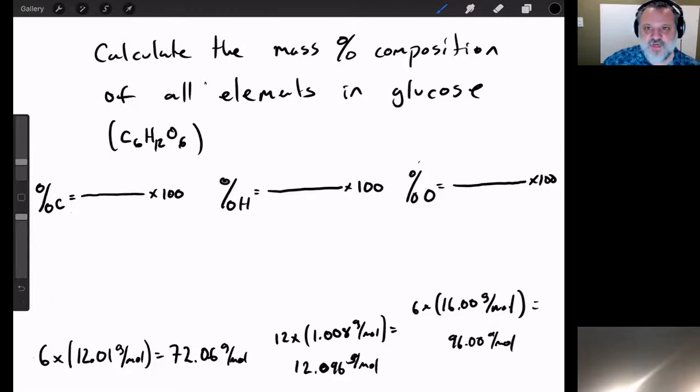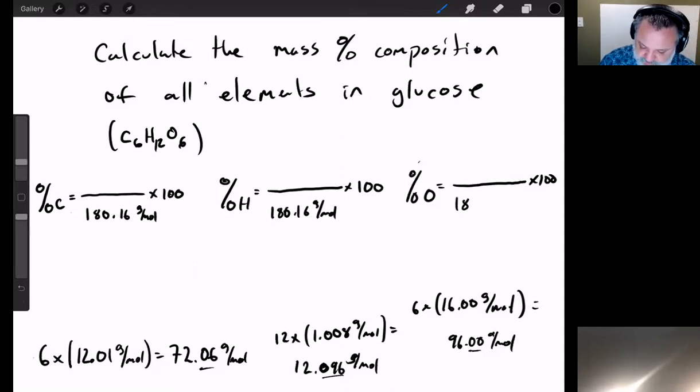180.156. But I'm going to round that to two decimals, since the numbers that I'm adding together, the least of them have 2 decimals. So I'm going to go ahead and round that at this point. The total mass is 180.16 grams per mole.